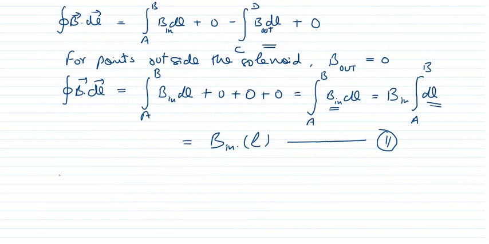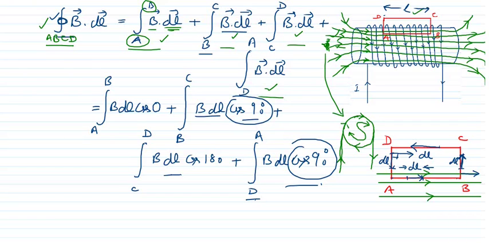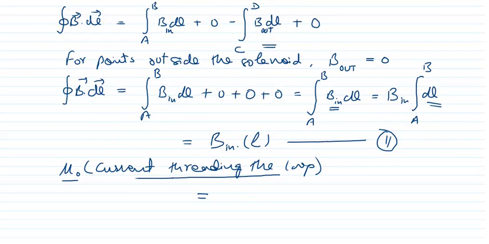The right hand side was mu naught into the current threading the loop. Now we have to find out how much current is passing through this loop.